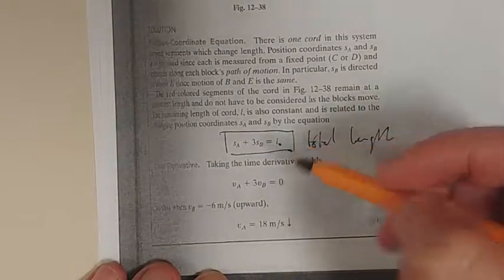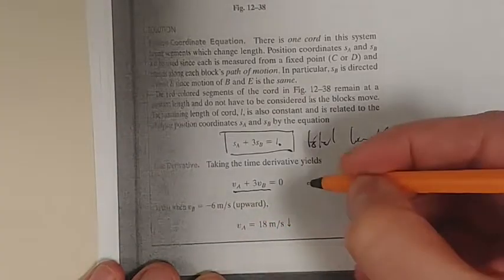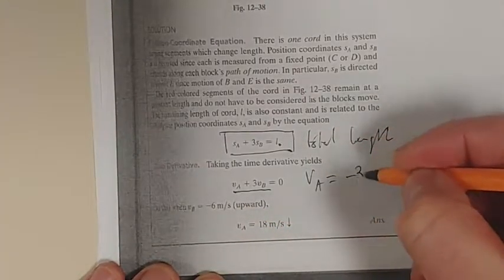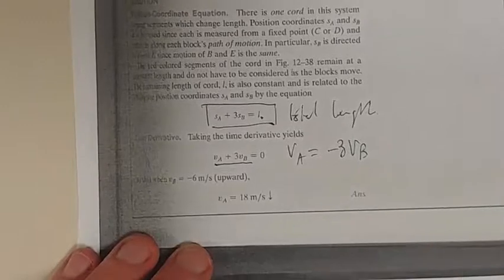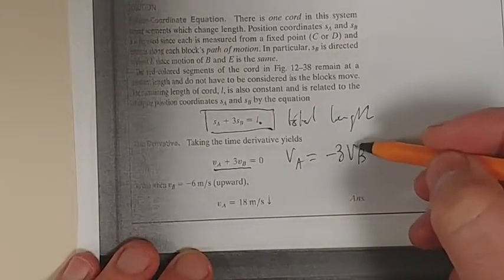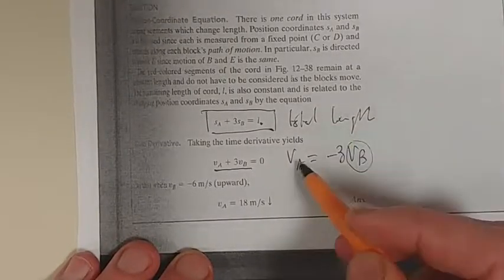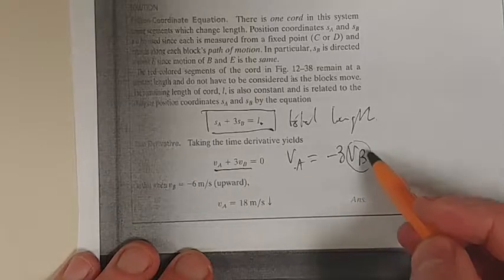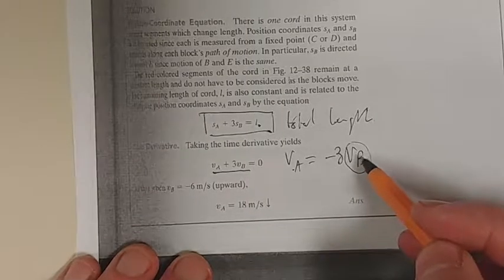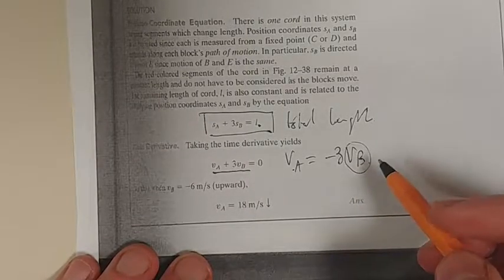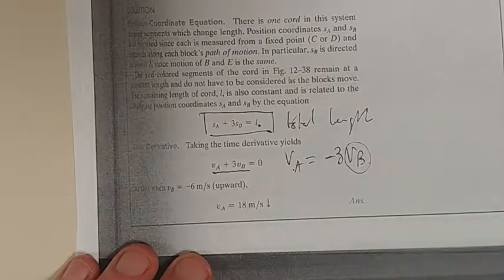You take the first derivative of that, and we get VA equals minus 3VB. So if VB moves a unit, VA moves 3 times that change in position or velocity, in the opposite direction.